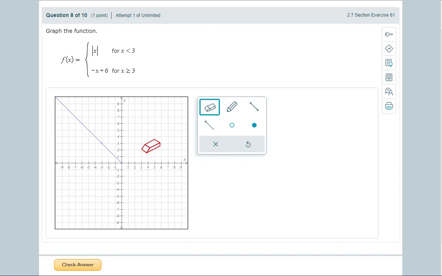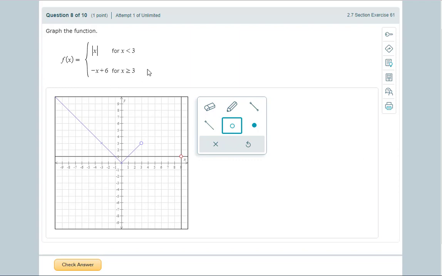Didn't work. Try again. So here's the origin. Now I need to go to 3, 3. That looks like 3, 3. All right, now that would be an open dot there because it does not include the 3. So I'm going to put an open dot right there.